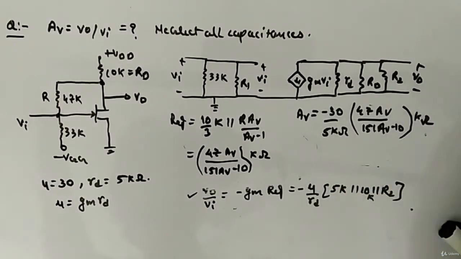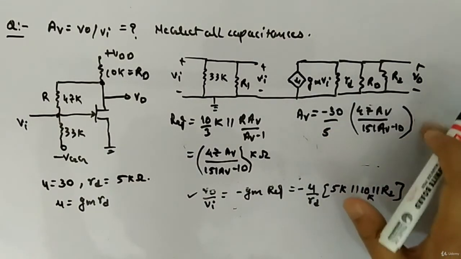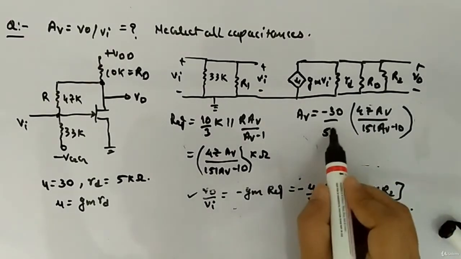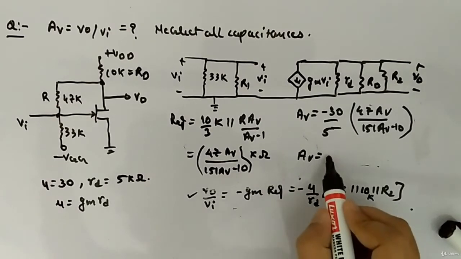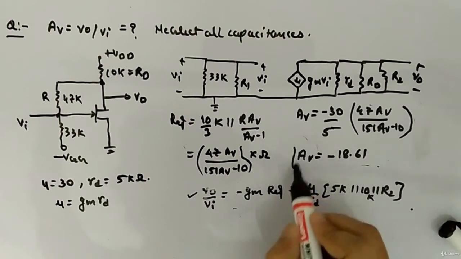Now this kilo ohm and this kilo ohm will get cancelled, and you can see that the expression is in AV. If you solve it, you will get AV equal to minus 18.61. This will be the gain.